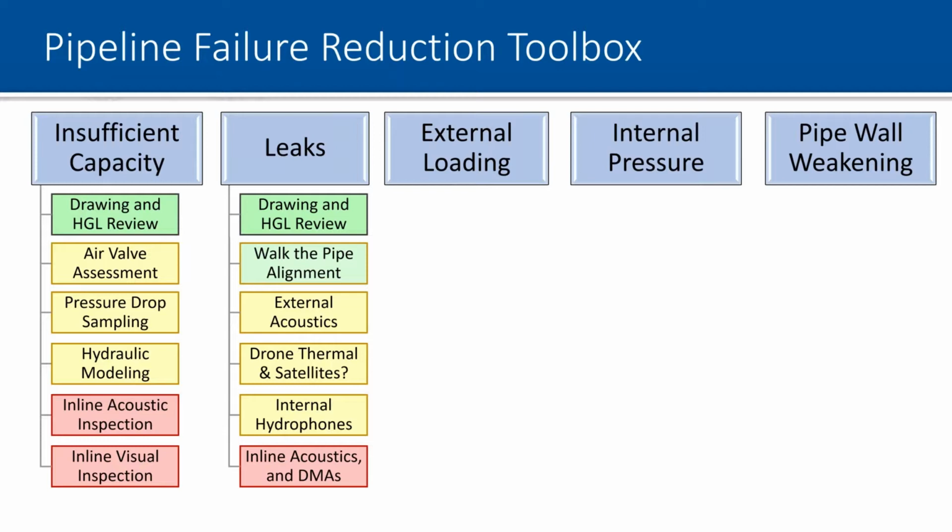There's some newer technology using drones or satellites to detect leaks. That is a possibility. We're kind of in the process of evaluating how effective that is. Internal hydrophones to listen for leaks, and then finally applying some type of inline acoustic tool or district metered areas or DMAs to figure out what parts of the system are the leakiest to focus this work.